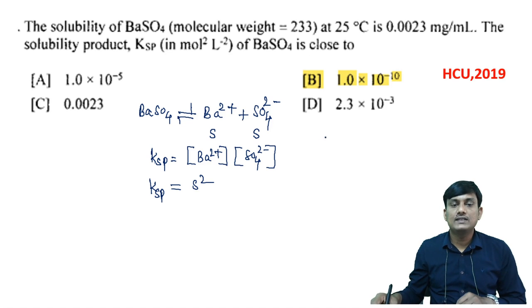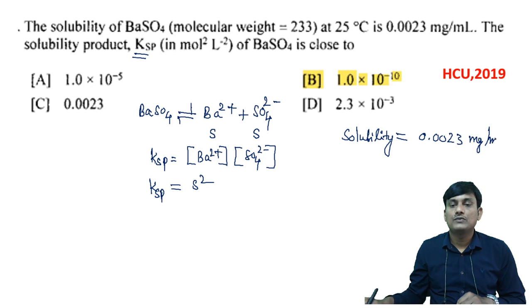Here solubility is given, but the solubility is in terms of mg per ml. In the calculation of Ksp, we have to convert it into mole per liter. So solubility is given as 0.0023 mg per ml. When you convert into gram per liter, it will be 0.0023 gram per liter.